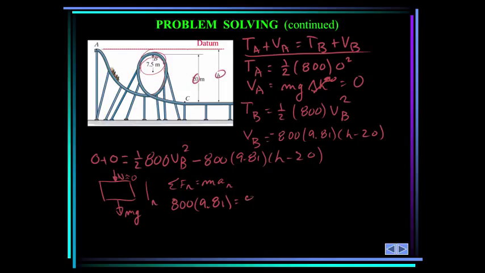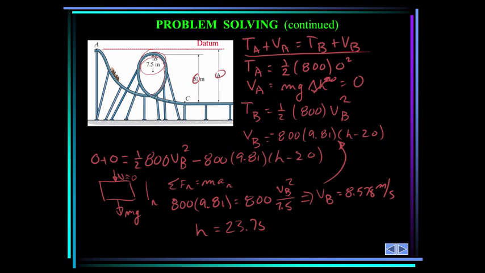That equals the mass, which is 800, times acceleration at B in the normal direction, which will be the velocity at B squared divided by rho, which is 7.5. Now we can use this to solve for the velocity at B, 8.578 meters per second. Now we know the velocity at B. We can substitute it into this equation here and solve for h. And h comes out to be 23.75 meters.